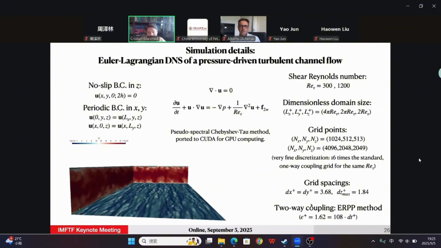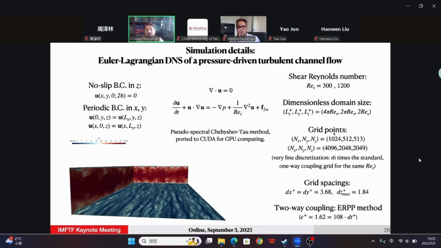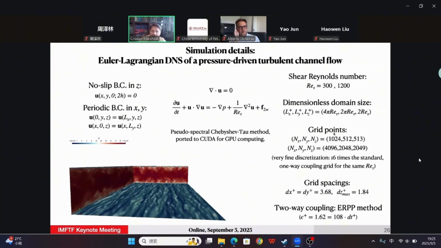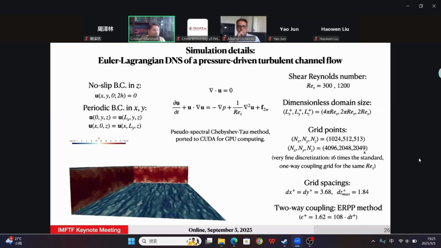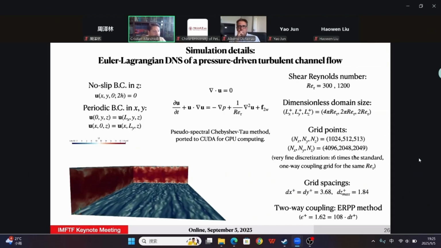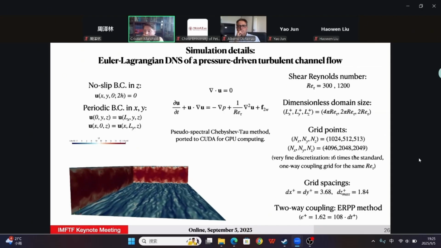And so because we are including two-way coupling, you can see here that the grid resolution that we have to use is quite large, especially at high Reynolds number. And it's actually much larger than an equivalent one-way coupled simulation would require.